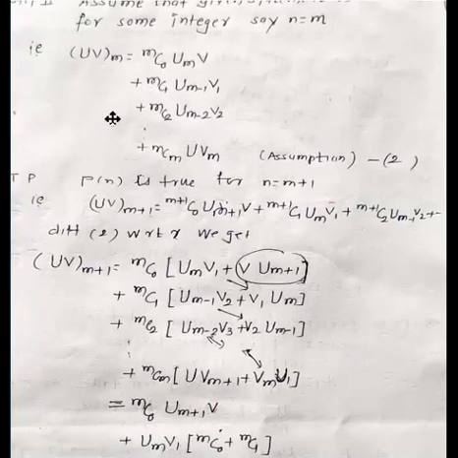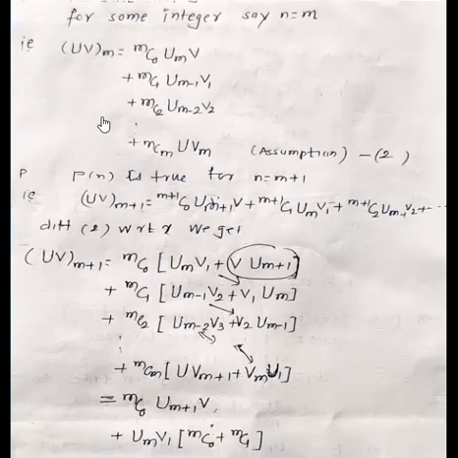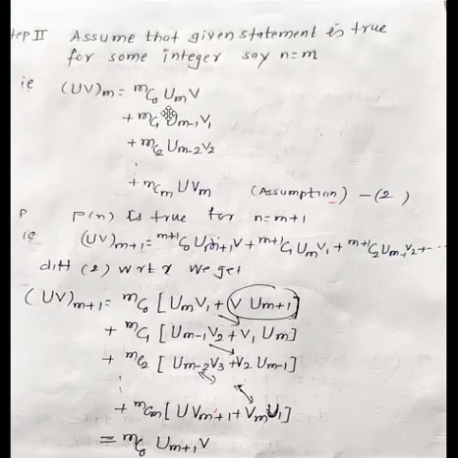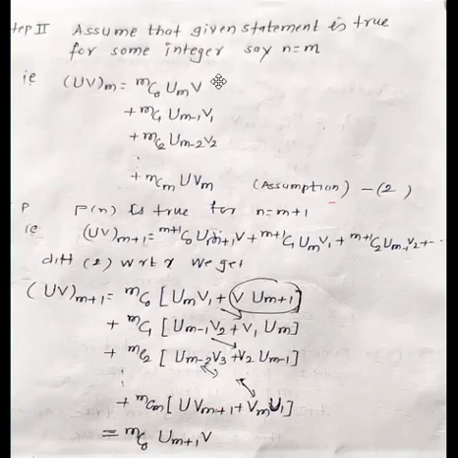On the right hand side, we have these values mC0, mC1, mC2, mCm. These are constants. Now, in every term, there are two functions. U and V are functions of x. So we have to differentiate this product using the product rule. What is the product rule?